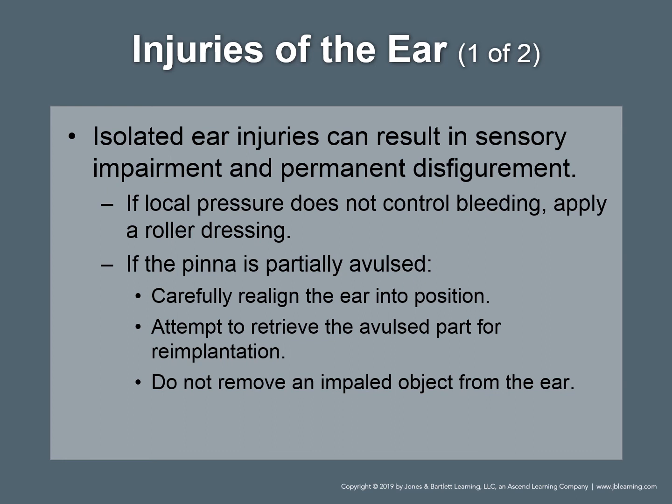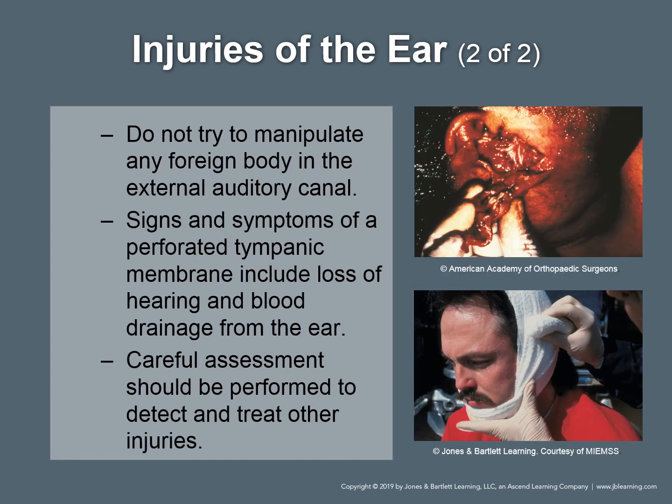If the pinna is partially avulsed, try to realign the ear and then wrap it up. Anytime something's avulsed, we want to try to realign those parts and wrap them up so they can maybe maintain blood flow. And we don't move impaled objects in the ear. We stabilize those in place just like we would with any other type of impaled object.